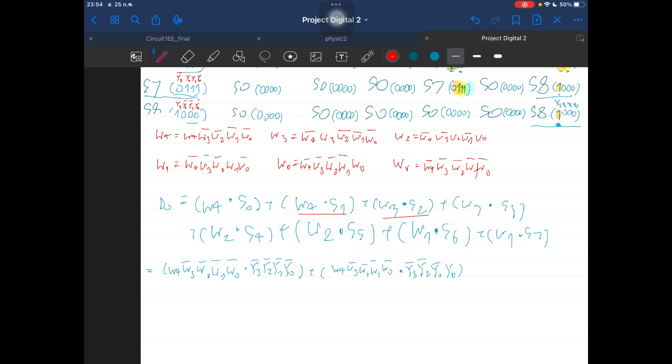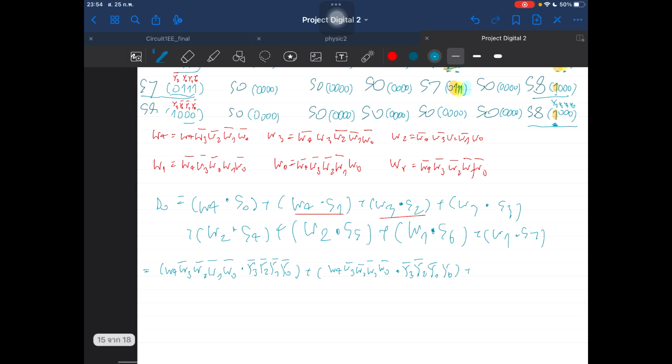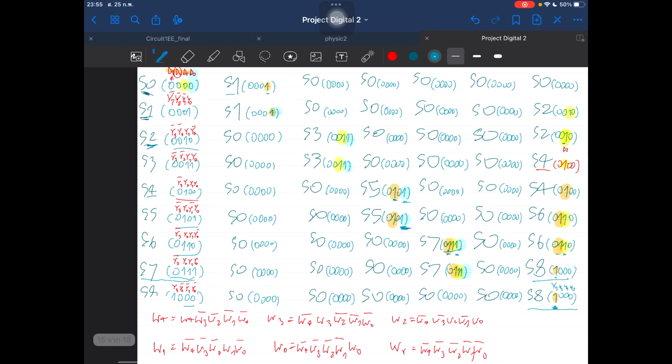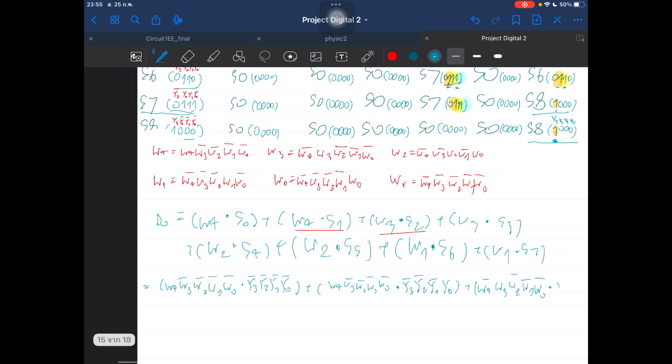That's the equation here. W3 is W4 that, W3, W2 that, W1 that, W0 that. And state 2 name is Y2 that, Y2 that, and Y0 that.